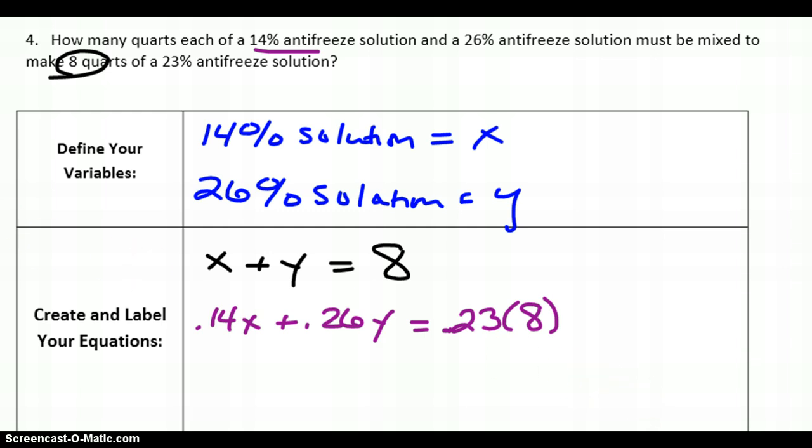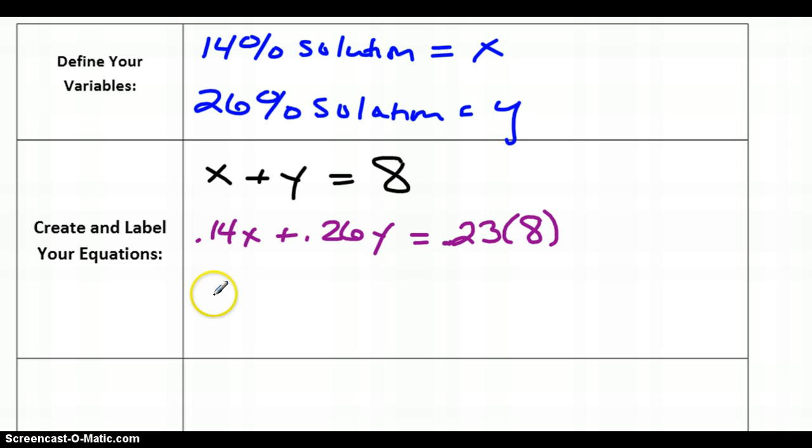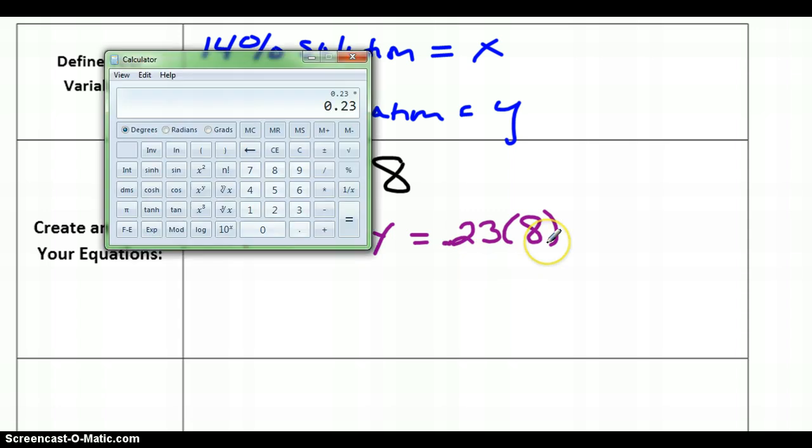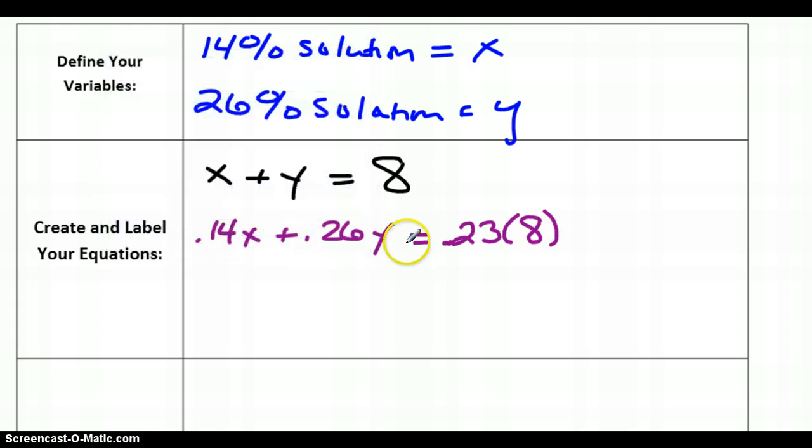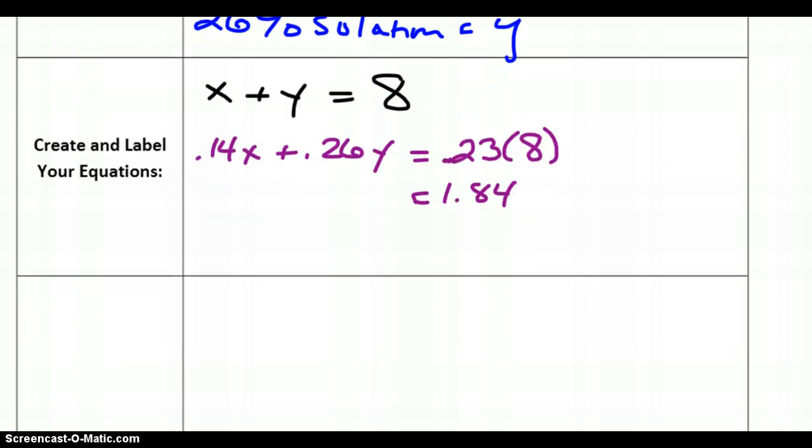So if I rewrite this equation, let's first figure out what 0.23 times 8 is. 1.84. And when I go to my next step to use both of those equations, the first one is x plus y equals 8.